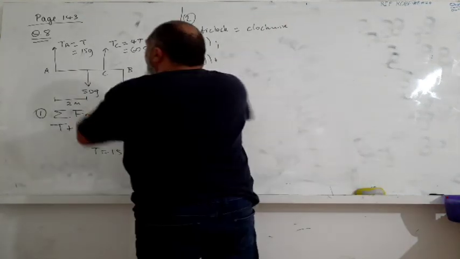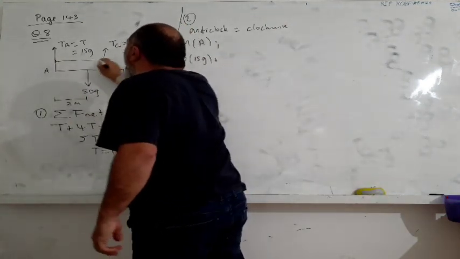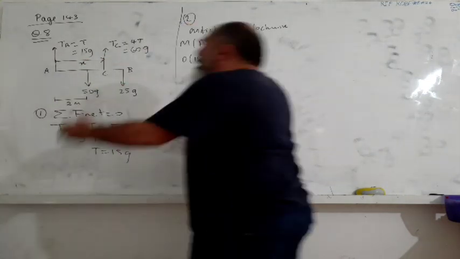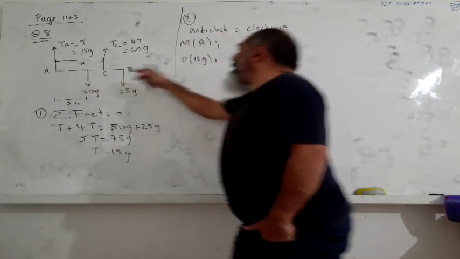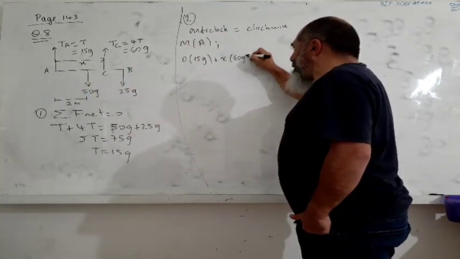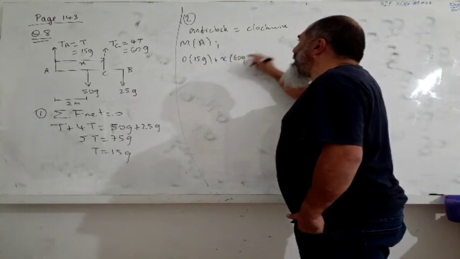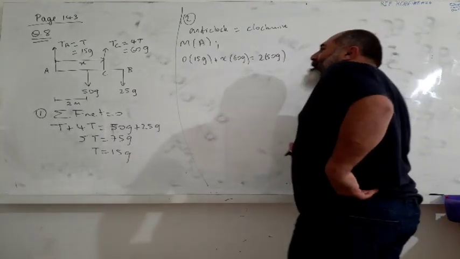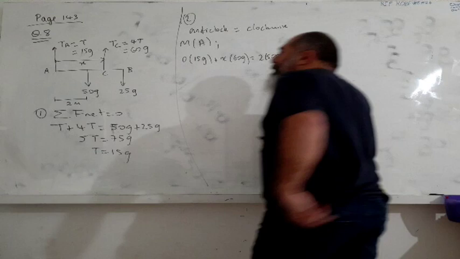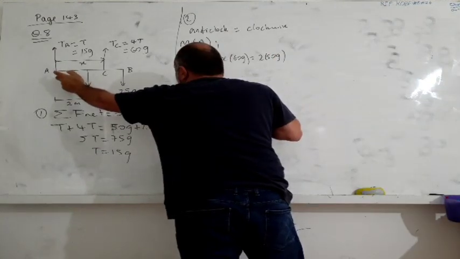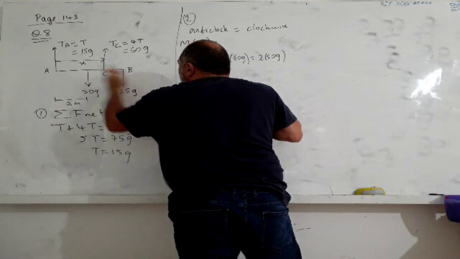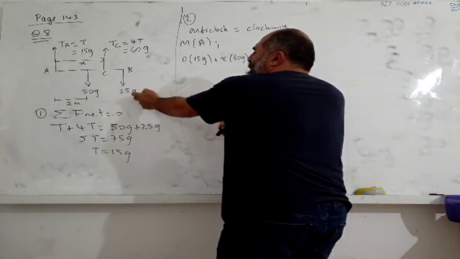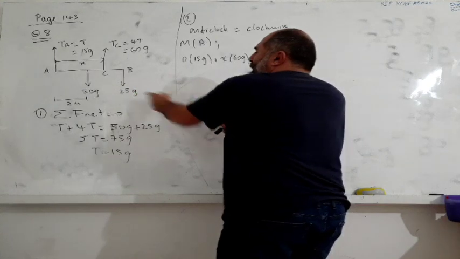So from A to C it is X, and the force is 60G, and the clockwise moments are 50G, which is 2 times 50G, because from A to the midpoint is 2 meters, because the total distance from A to B is 4 meters. So plus this 25G also tries to turn the rod AB in clockwise direction. So A to B, the total distance is 4, and the total force weight there is 25G.